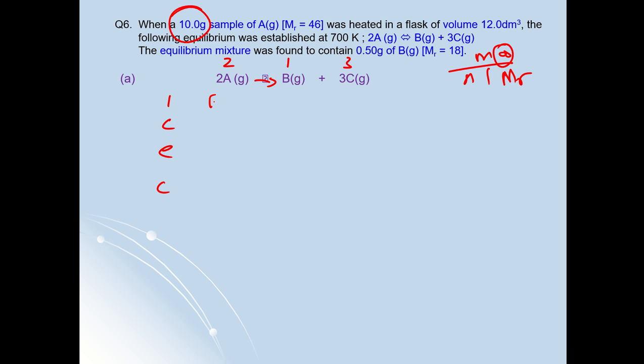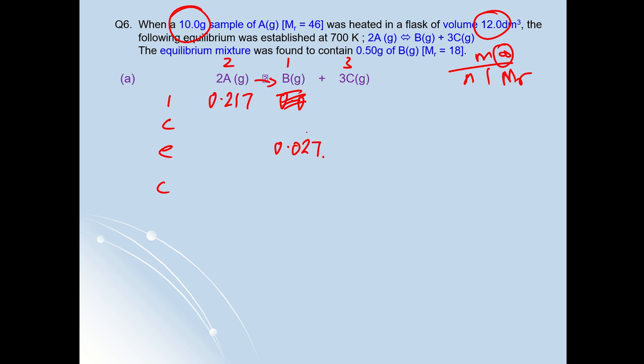So we start off with 0.217 moles of that. Okay, there's our volume up there. We just make a wee note of that. And we end up with 0.5 grams of B, which is an RFM of 18. So we do 0.5 over 18 for B. This is the equilibrium moles, which is 0.027.